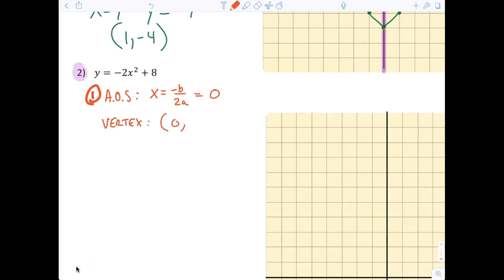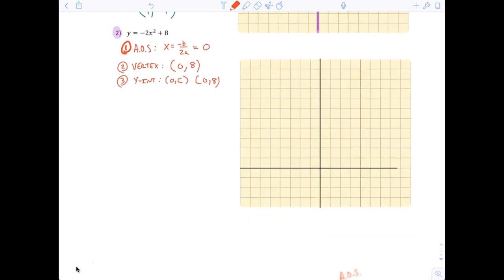You plug in 0, and when you plug in 0, you get what? 8. Beautiful. And then the next step, 3, we ask about the y-intercept. Remember, the y-intercept is (0, c), which makes it what? (0, 8). So now we have a little problem because the y-intercept and the vertex are the same.